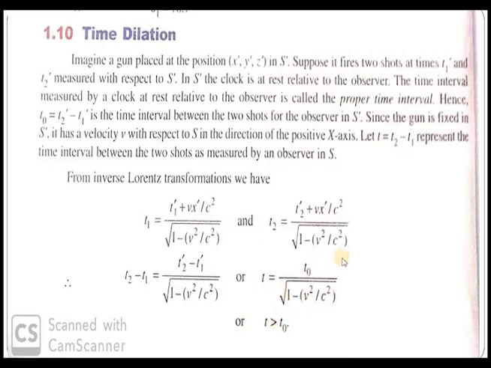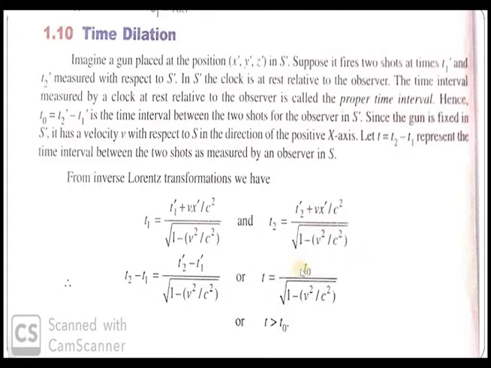Here the root term is in the denominator, so t will be greater than t0, unlike what happens in length contraction. For length contraction what you have got is L is equal to L0 into root of 1 minus v square by c square. So L is less than L0.